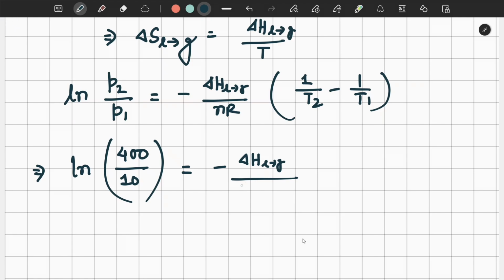R is 8.314. Then T1 minus T2 can be written as T2 minus T1 divided by T1 T2.